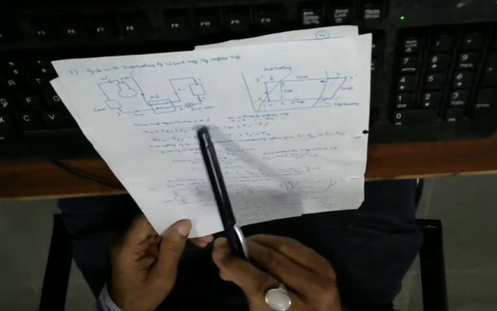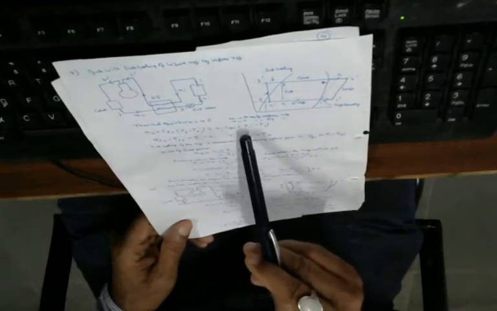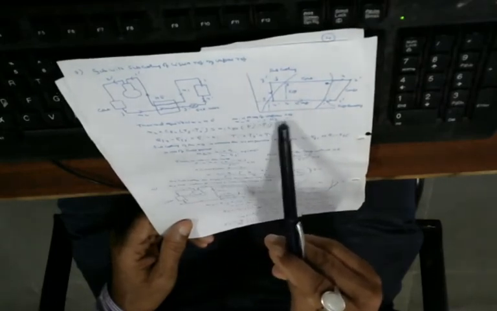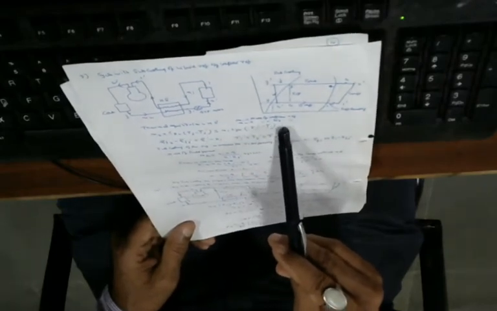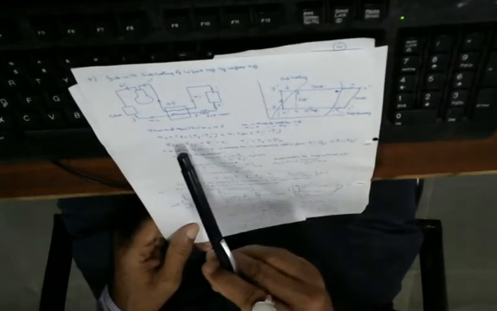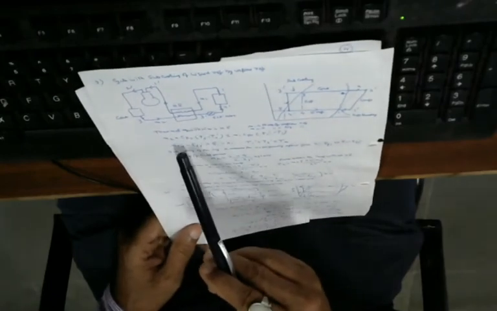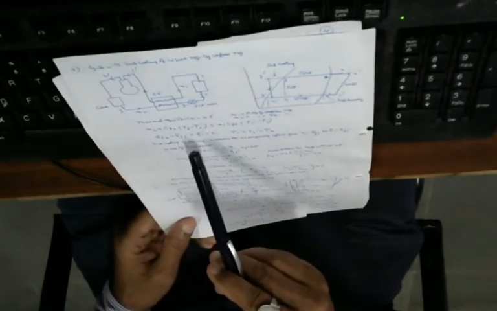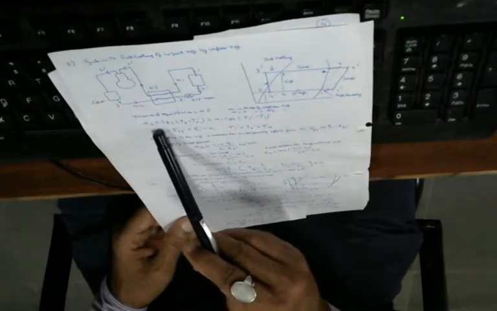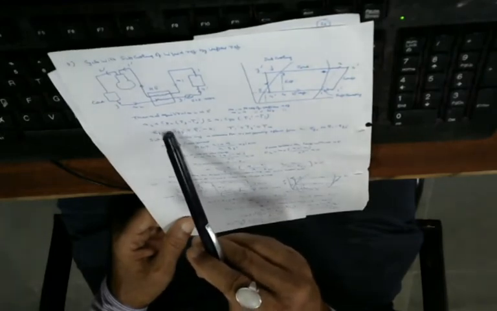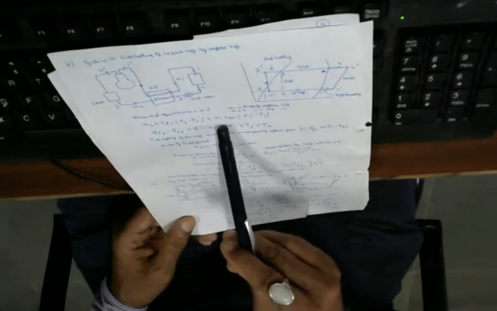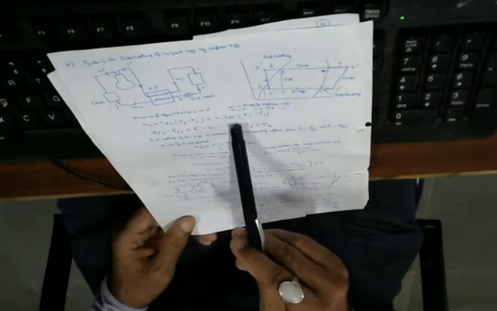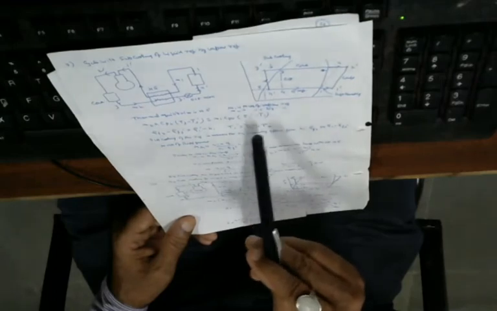Let us see the thermal equilibrium in the heat exchanger. M1 is the mass of the vapor refrigerant, M2 is the mass of the liquid refrigerant. So in the heat exchanger, if thermal equilibrium is reached, then M2 into CPL, liquid refrigerant, into T3 minus T3 dash is equal to M1 into CPV, into T1 dash minus T1.